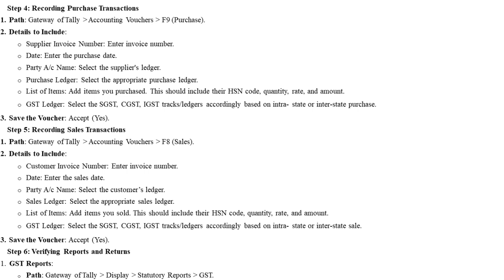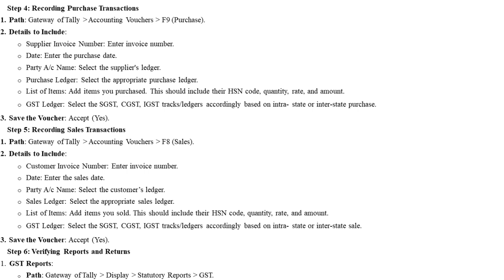Step 5. Recording sales transactions. 1. Path: Gateway of Tally, Accounting Vouchers, F8, Sales. 2. Details to include: customer invoice number, enter the invoice number; date, enter the sales date; party account name, select the customer's ledger; sales ledger, select the appropriate sales ledger; list of items, add the items you sold.